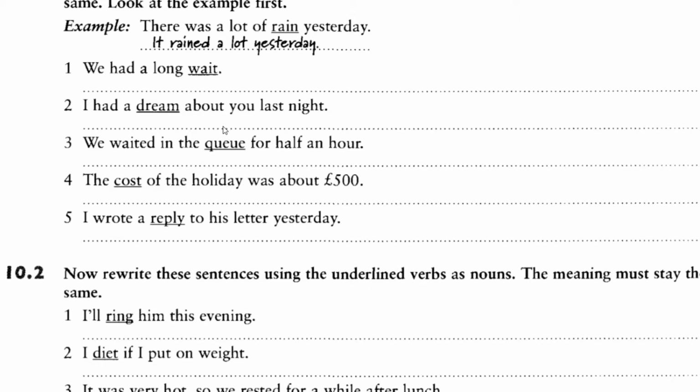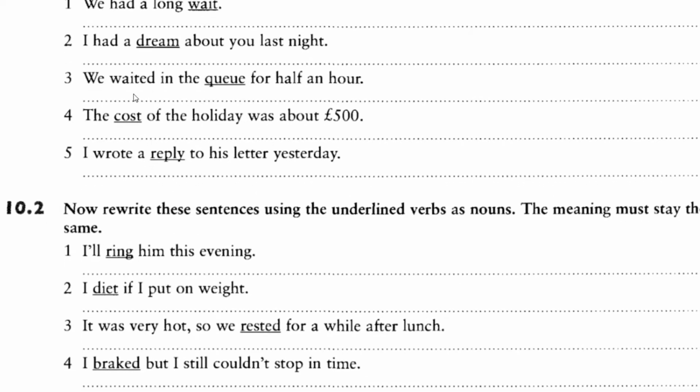Number 2, I had a dream about you last night. The answer is we dreamt about you last night. Number 3, we waited in a queue for half an hour. The answer is we queued for half an hour. Number 4, the cost of the holiday was about £500.